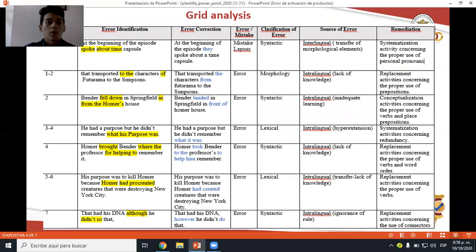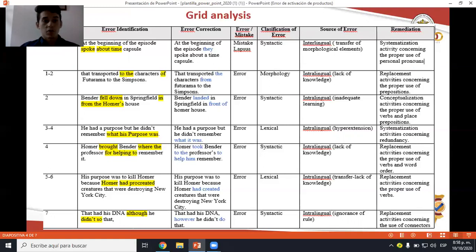Well, as a way to analyze the grid, I took a fragment from a show called Sensorama, and I found some mistakes, and I classified them into this grid. So let's take a look at these mistakes.